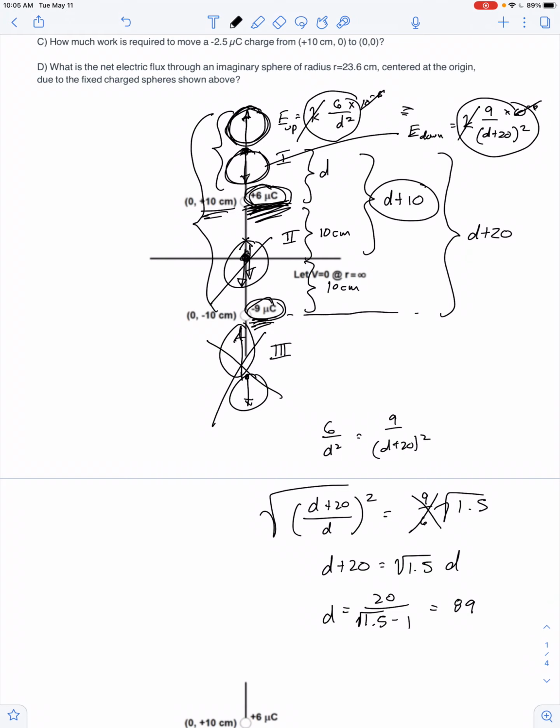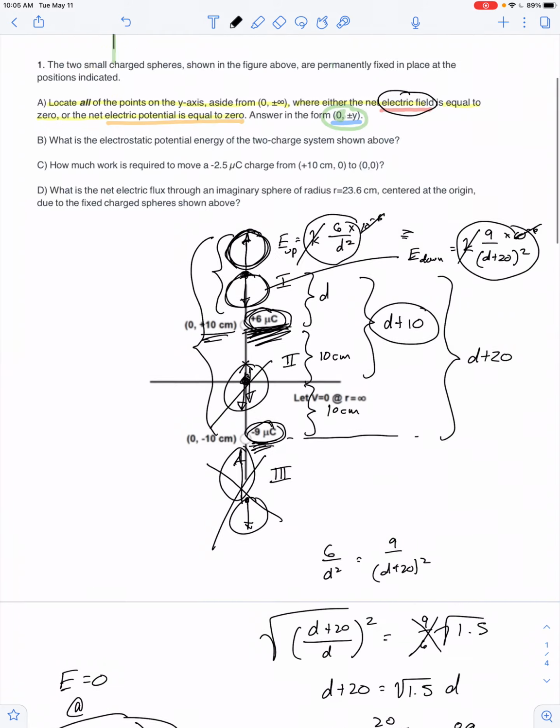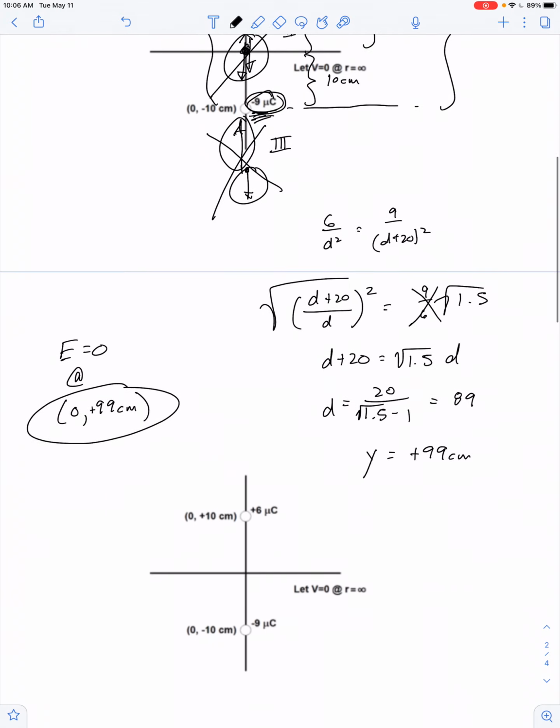Remember, I have to add 10 centimeters to that. So the value of y would be positive 99 centimeters. So we say E equals 0 at the point 0, comma, positive 99 centimeters. Boy, that's just the first part of A, stating where the electric field is equal to 0. Now, where would the electric potential be equal to 0?